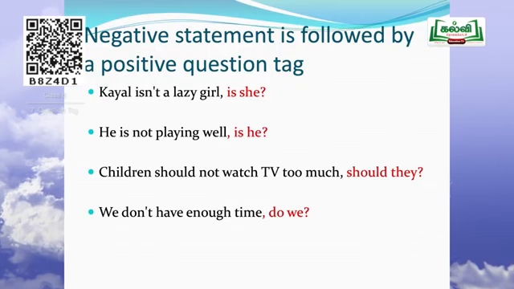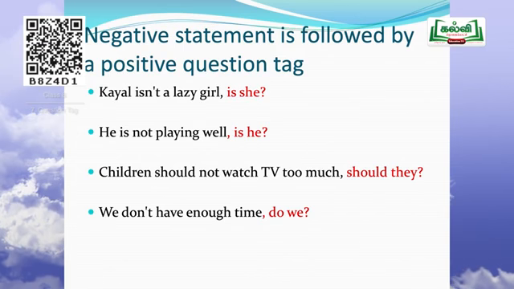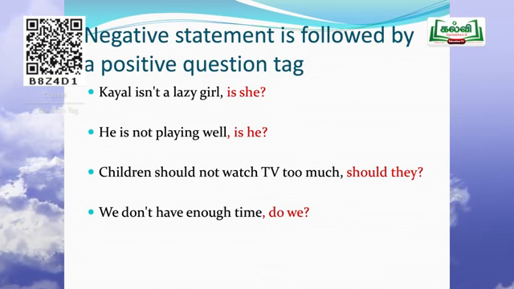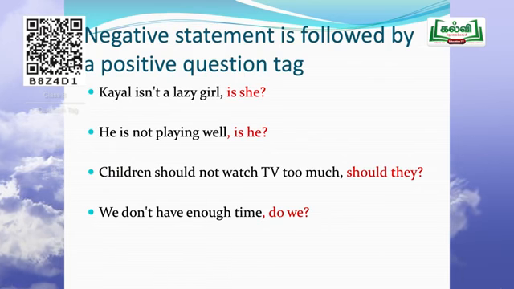The next thing: a negative statement is followed by a positive question tag. Repeat again, a negative statement is followed by a positive question tag. Sayal isn't a lazy girl, is she? He's not playing well, is he? Children should not watch TV too much, should they?